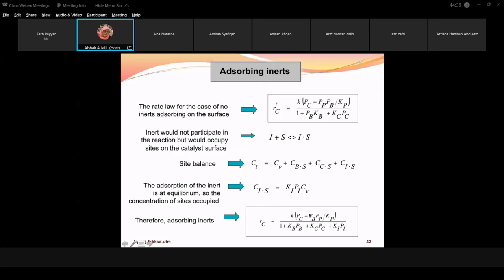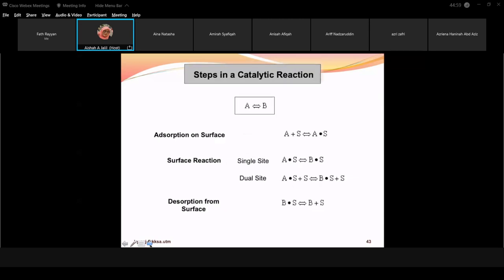Sometimes they give you this complex reaction, and then they ask you to derive from the first one, from those 3 steps, until you get this one. So you have to do what I WhatsApped you. We have to do all the steps.